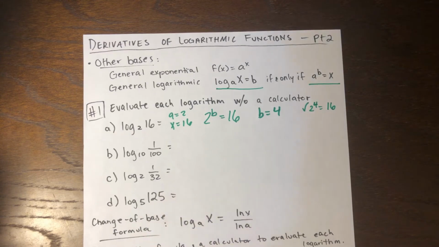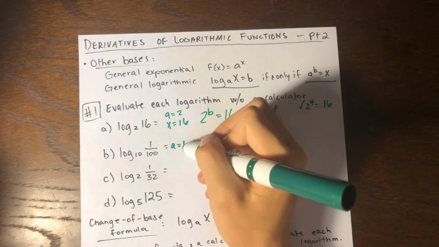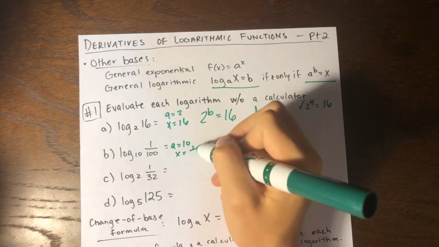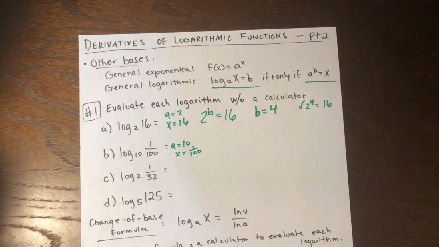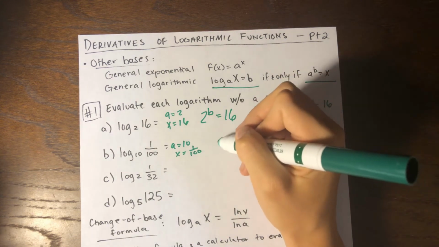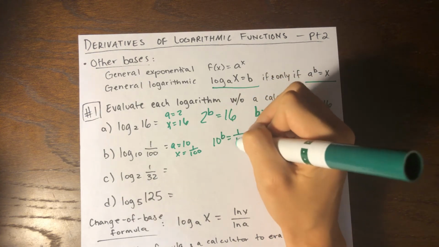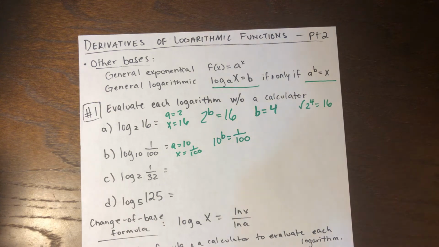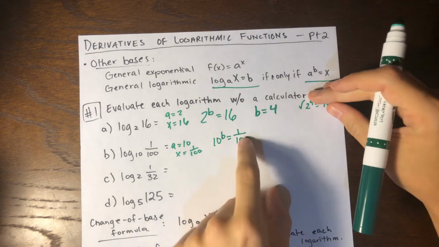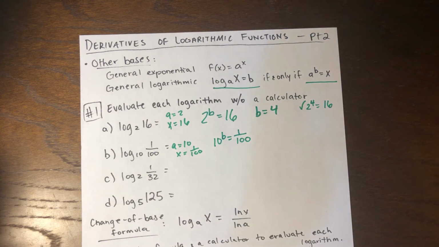Okay, next one, a is 10, x is 1 over 100. So I plug that in, so I have 10 to the b is equal to 1 over 100. We know when it's 1 over something, we're going to be dealing with a negative exponent.